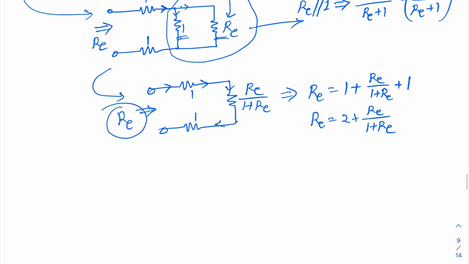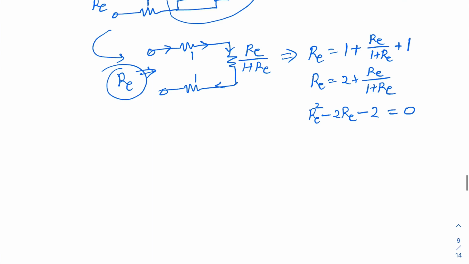Now we will solve this equation. Okay, so it will be Re equivalent square minus 2 Re minus 2. It is a simple equation. Now we will solve this one.